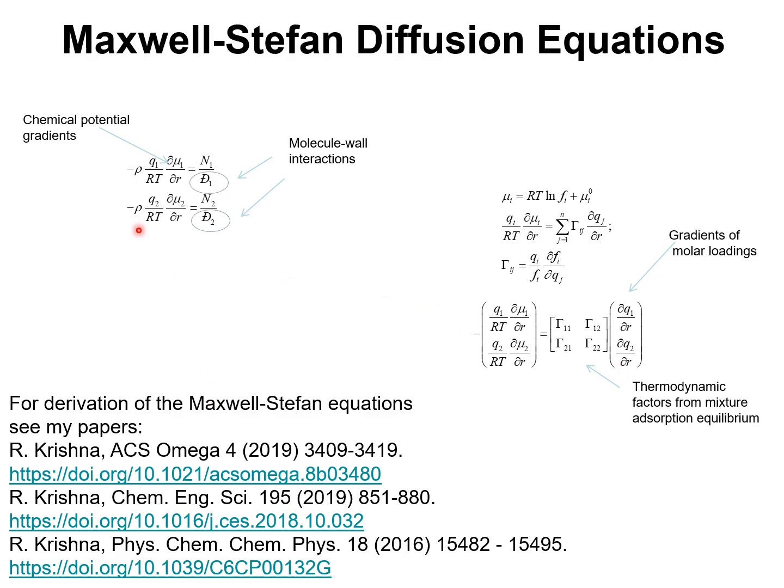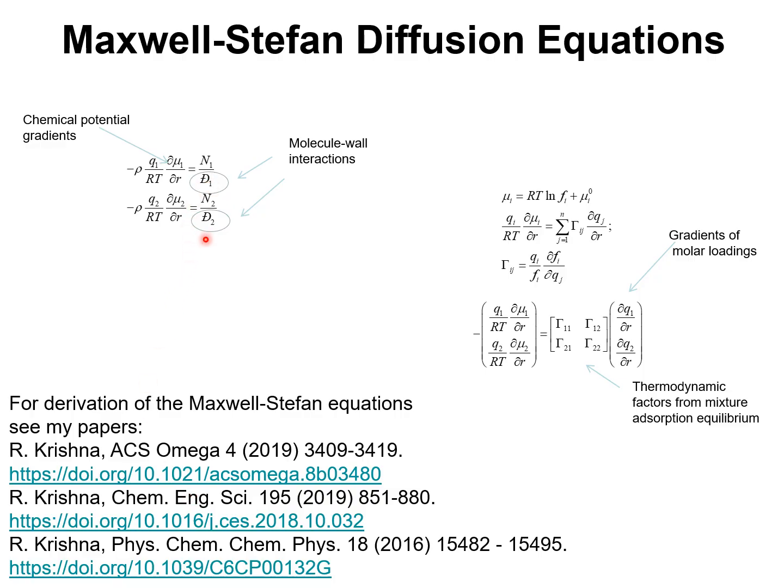The Maxwell-Stefan diffusion equations properly recognize that the chemical potential gradients are the appropriate driving forces for transport within microporous materials. Here N1 and N2 are the fluxes, and the diffusivities representing molecule-wall interactions are D1 and D2.